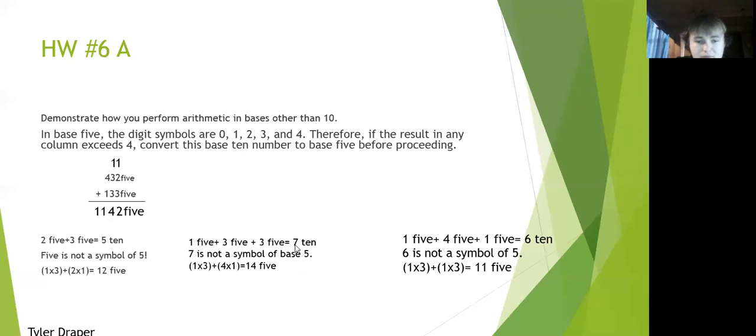7 is not a symbol of base 5, so we need to break it down. 1 times 3 is 3. 4 times 1 is 4. 3 plus 4 is 7. And we have these two numbers here, 1 and 4, and we get our 14 base 5. We're supposed to have a 1 up there. Whoopsies. Yeah, we need to move that 1 over there.